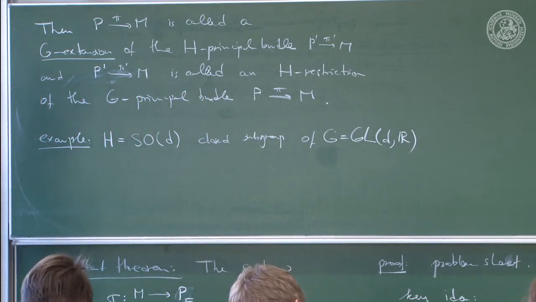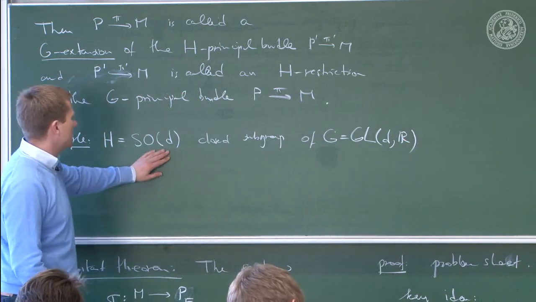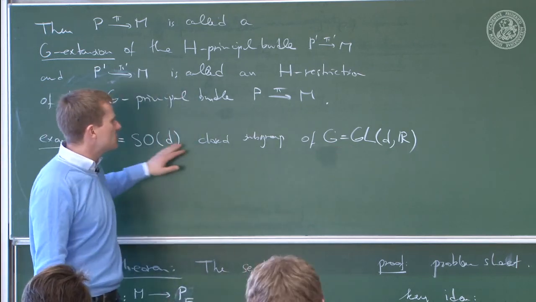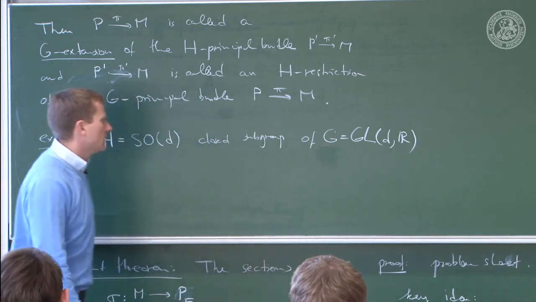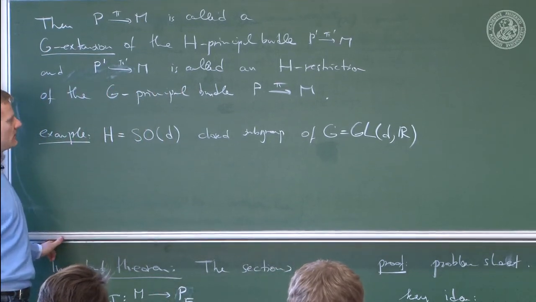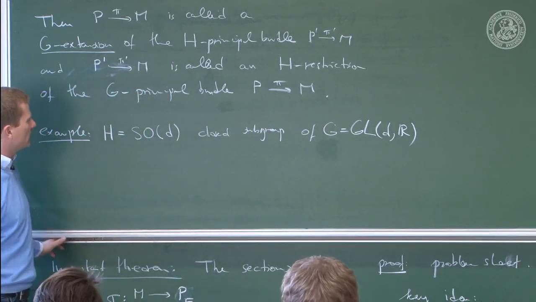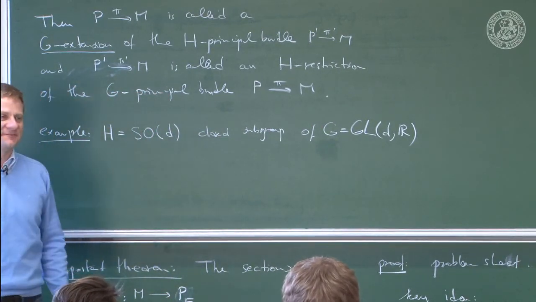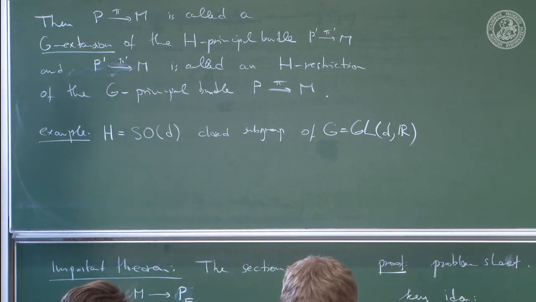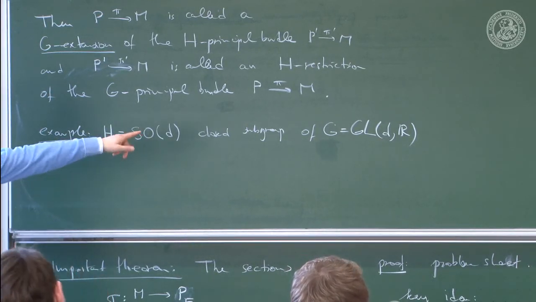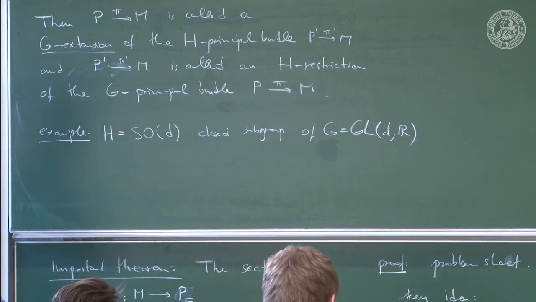So we might want to, for instance, study principal bundles where the transformations are only rotations and want to see whether there is a restriction of the original bundle that gets you there. So from the frame bundle with this group to the frame bundle with respect to that group. Okay? And the question is whether this exists. Maybe it is not always possible for any base space and so on to restrict GL(D,R) to SO(D).